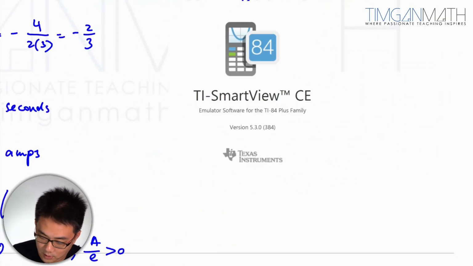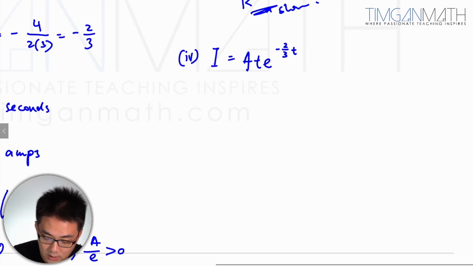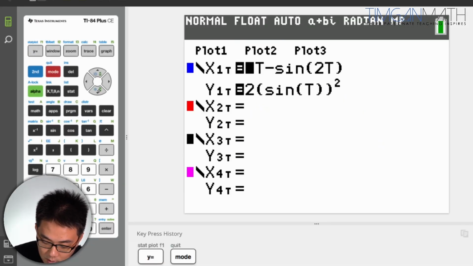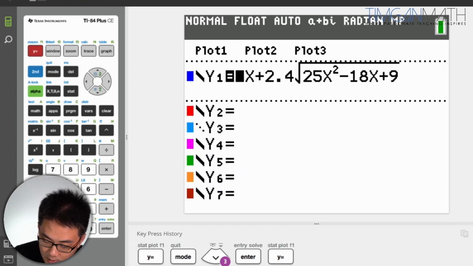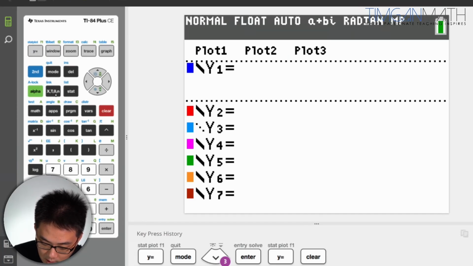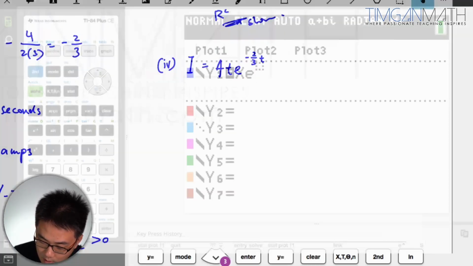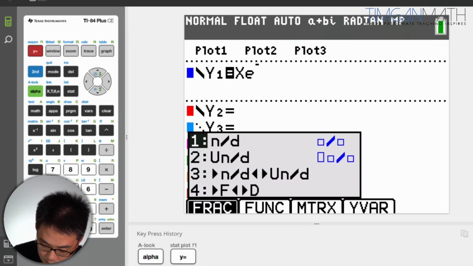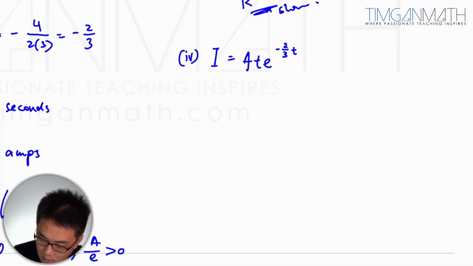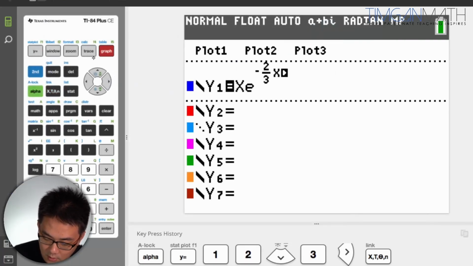A is a positive constant, so it doesn't really matter what we sketch. So we're just going to find out by plotting in the graph: X e to the power of negative 2 third X.